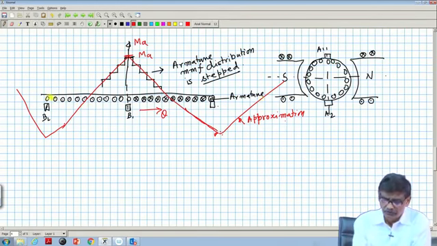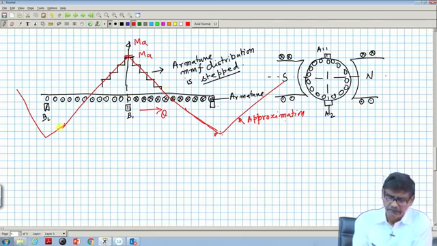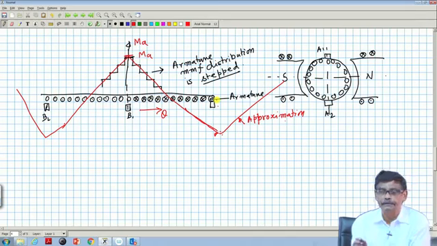We found it for individual currents, and if you sum them up you get an MMF distribution which will be, strictly speaking, stepped. If a large number of turns and conductors are used, this can be approximated to a triangular waveform like this. The peak value of the armature MMF will occur at the brush positions here.